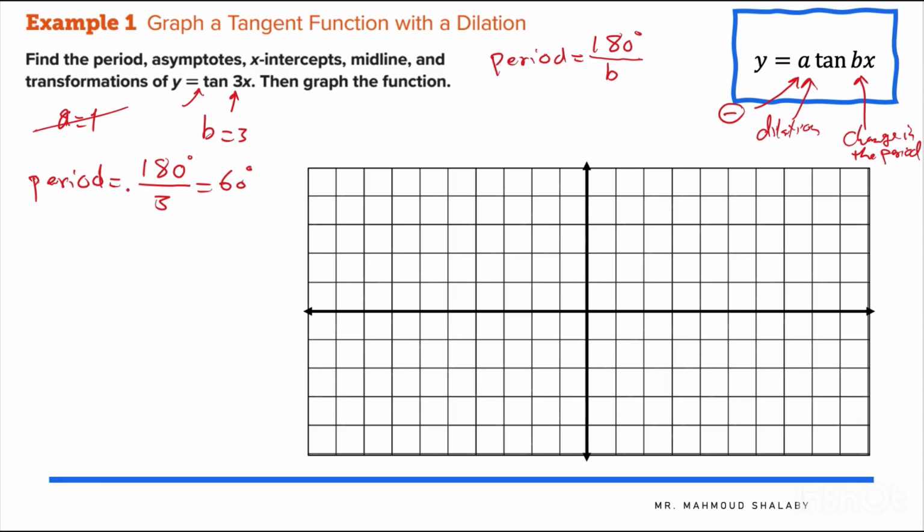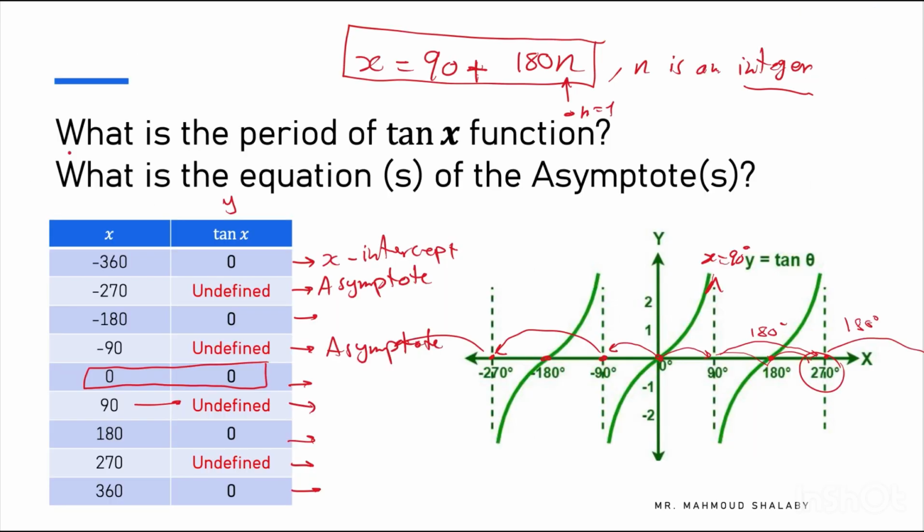One very important thing, shabab, and I hope you realized it from the previous question. Let me just move one step back. Look, usually to draw the asymptotes, I need to decide what numbers I will use here. For example, 0, 90, 180, 270. So it's very obvious we are counting by 90s to find the numbers.